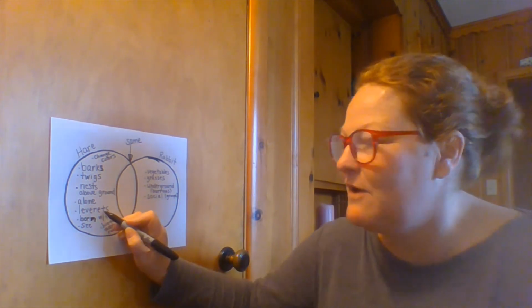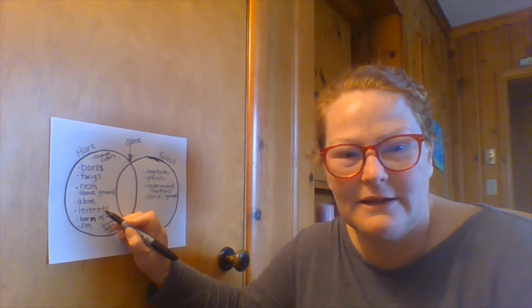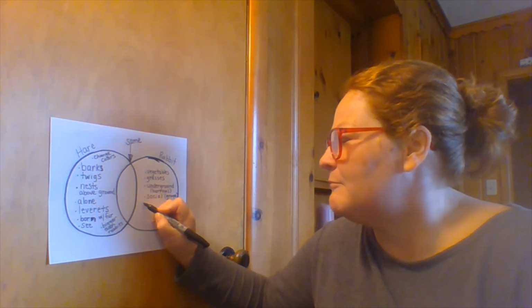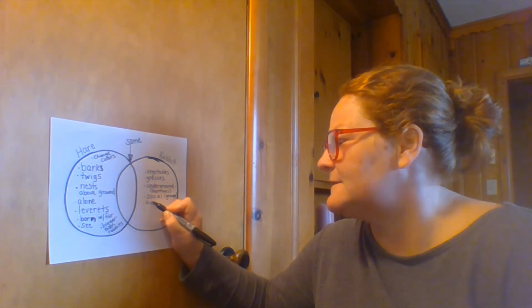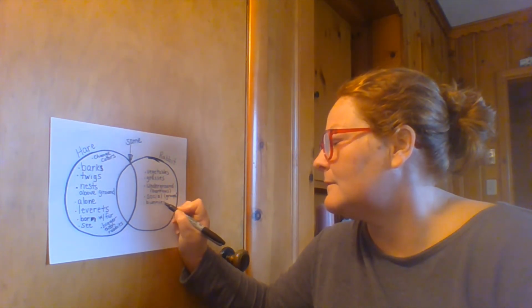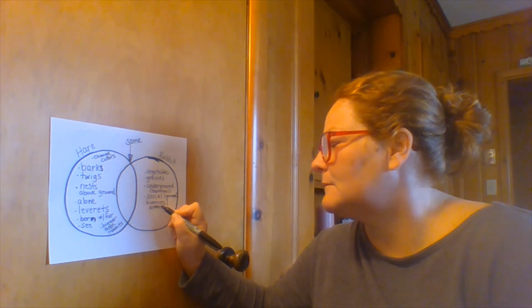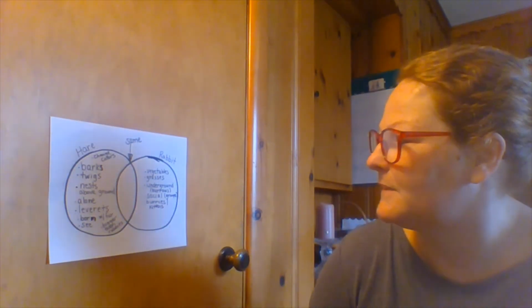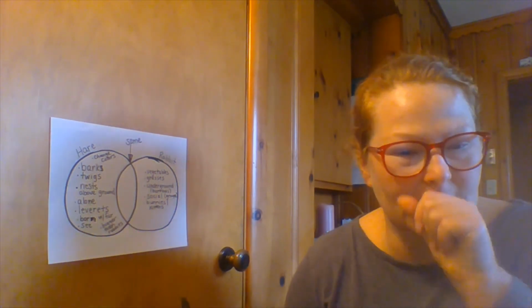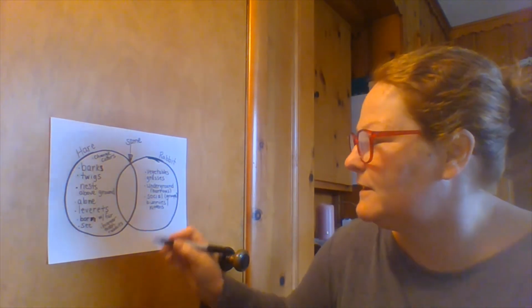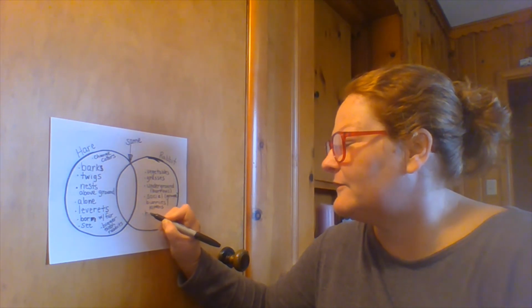All right, what do we call their little babies? We call them bunnies or kittens. There we go. All right, how are they born? Excuse me, how are they born? They are born hairless.